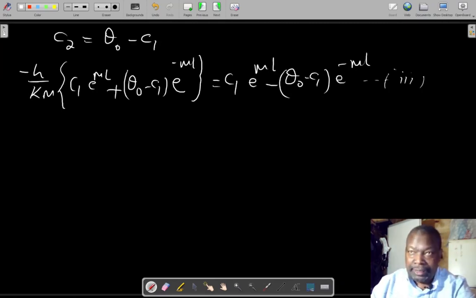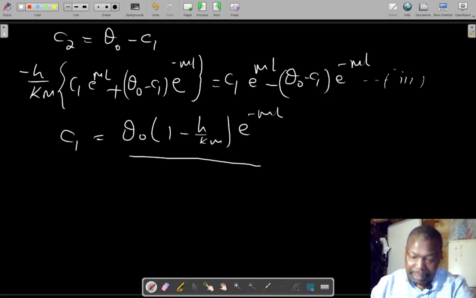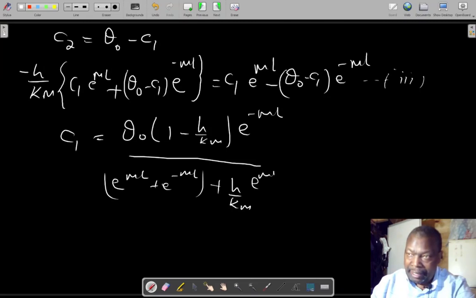From this we can get C1 is equal to theta naught times (1 minus h over km) e^(-mL), divided by (e^(mL) plus e^(-mL)) plus h over km (e^(mL) minus e^(-mL)).